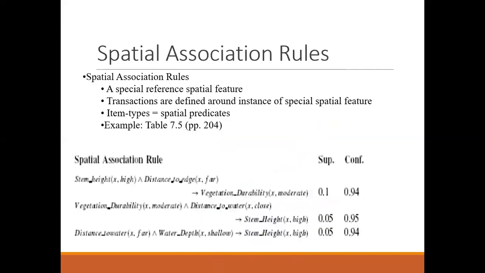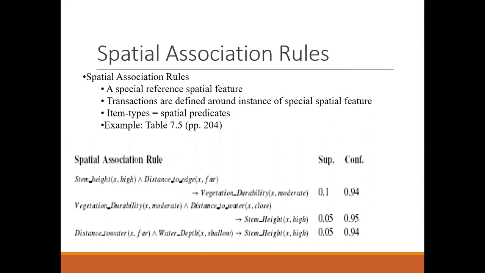Next, we will discuss spatial association rules. A special reference for spatial features. These association rules concern item types, and each predicate will refer to an item type. For example, the height of a stem is related or correlated with the distance to the edge.